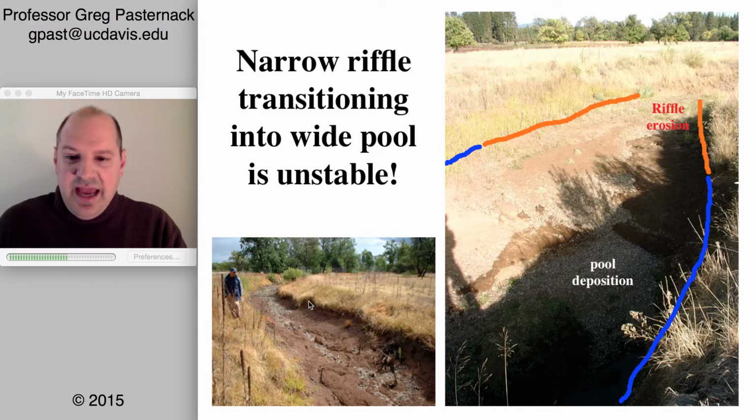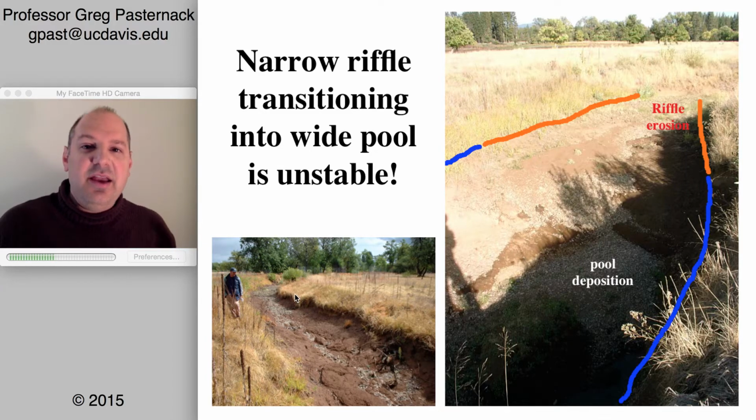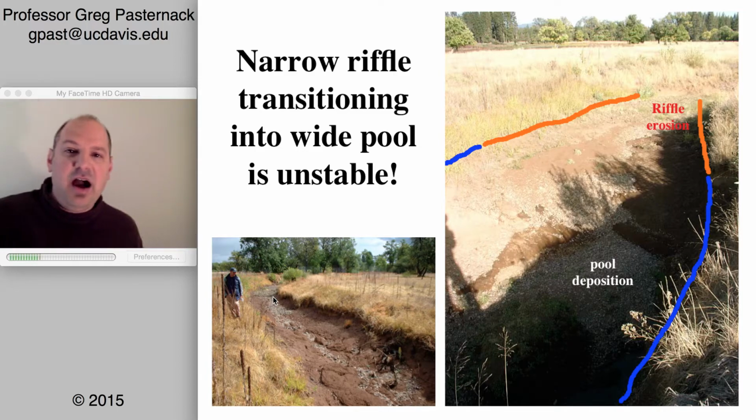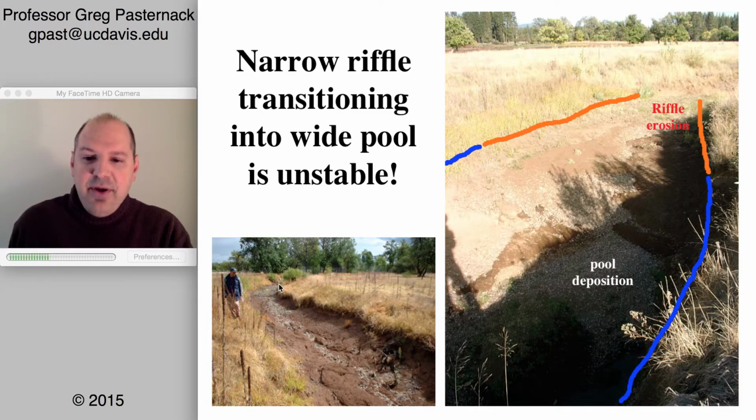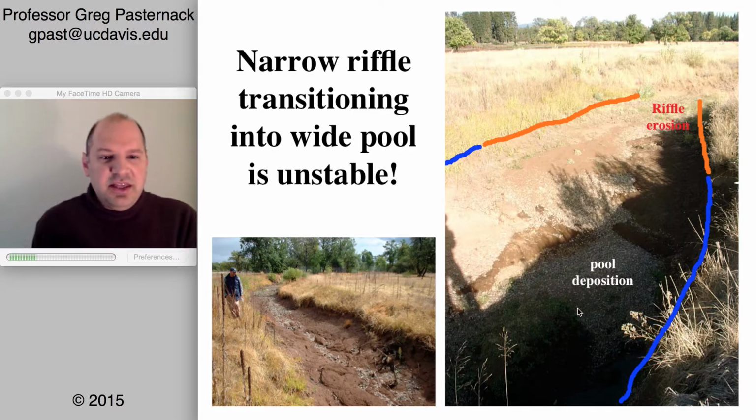So here's an example where not only did they change the shape of the channel by building a new channel, but they also lined that channel with gravel to give it appropriate substrate for that system. And what happened is that everywhere there was a riffle, the sediment eroded away and then deposited into a pool. Now look at this pool.